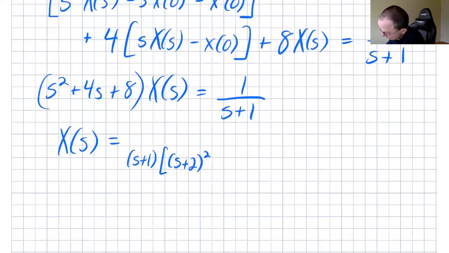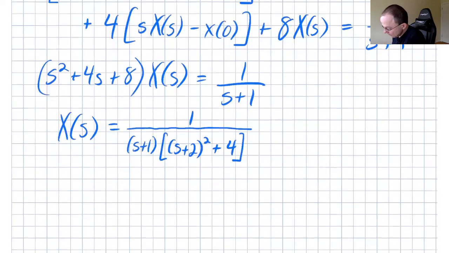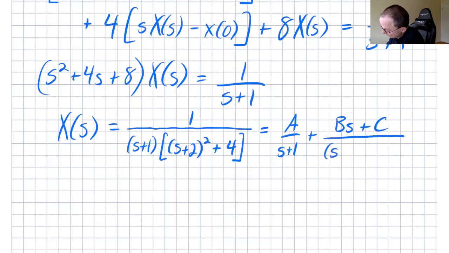Completing the square gives me a 4, but I have 8, so I need to add another 4. Like that. Okay, so now we'll do partial fractions. We have A over s plus 1, and we have Bs plus C over (s plus 2) squared plus 4.